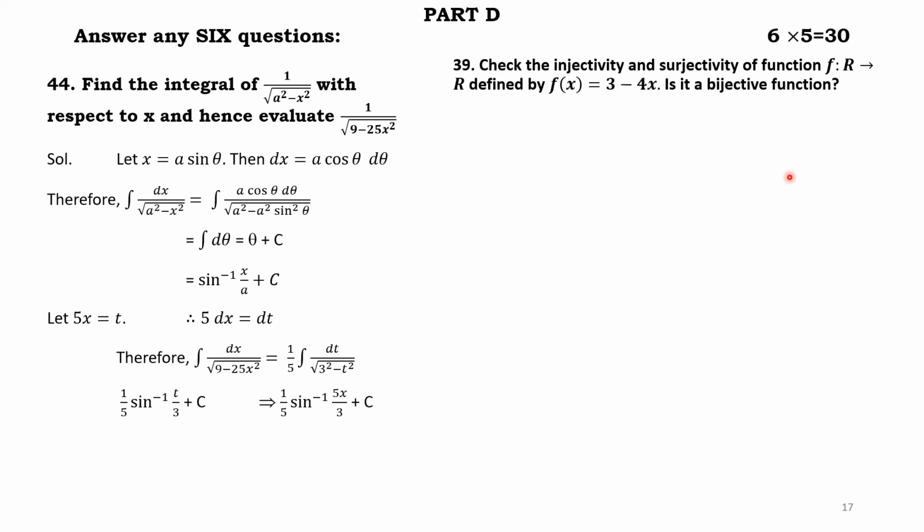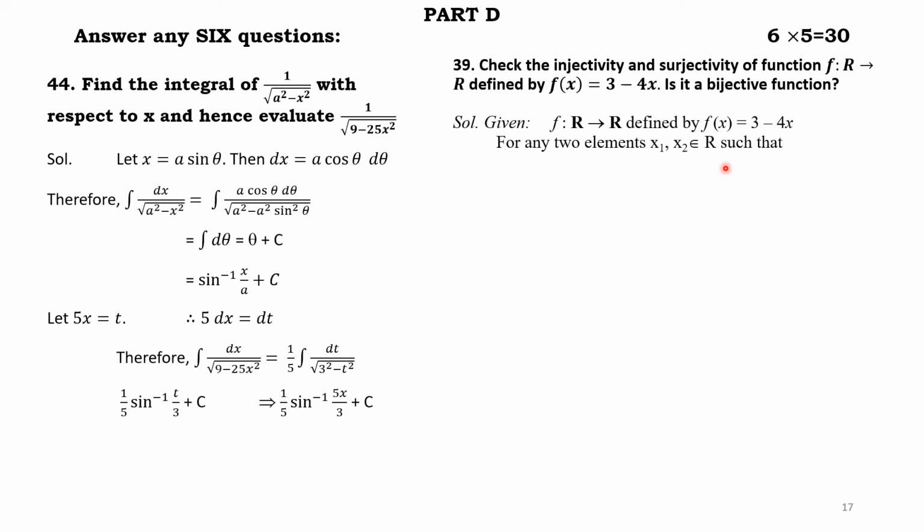Is it a bijective function? This is also a worked example. We have done it in chapter number 1. Given f from R to R defined by f(x) is equal to 3 minus 4x.